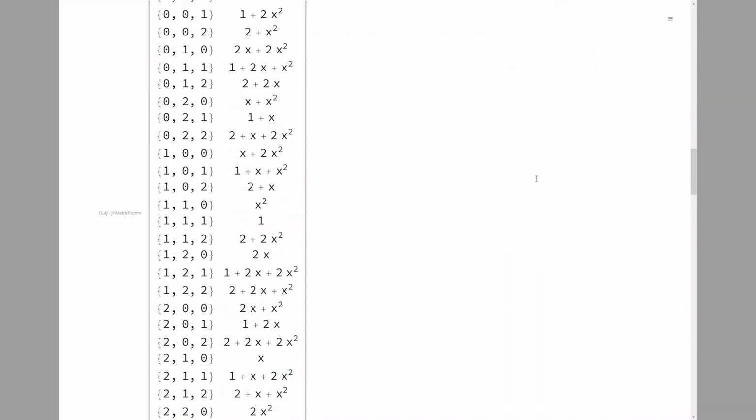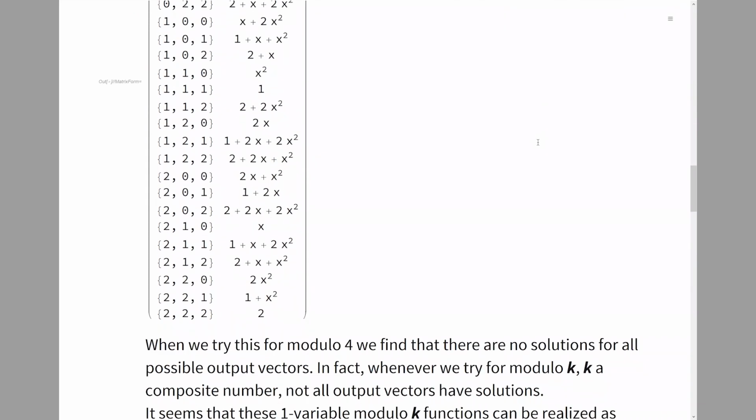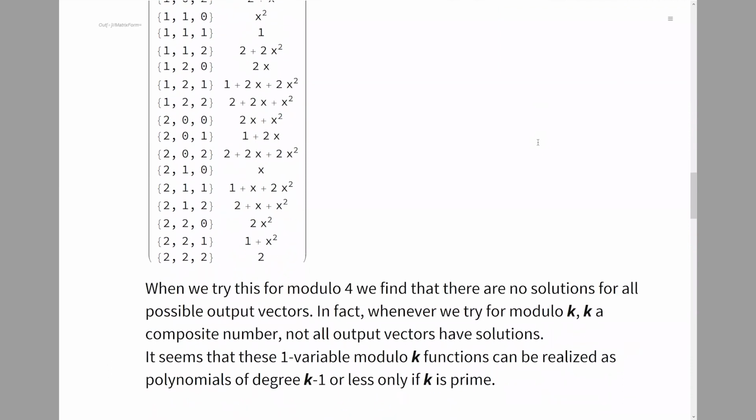And of course, I continued working with this, and I tried that for modulo 4, and oops, doesn't work. It happens that for a composite k, for the number of values for the rules, not all output vectors have solutions.